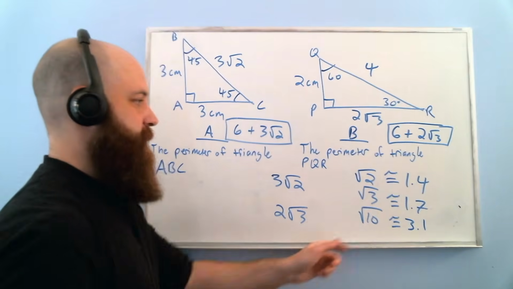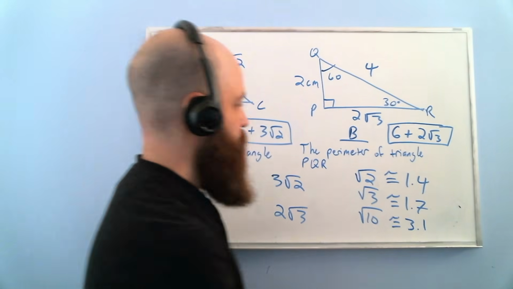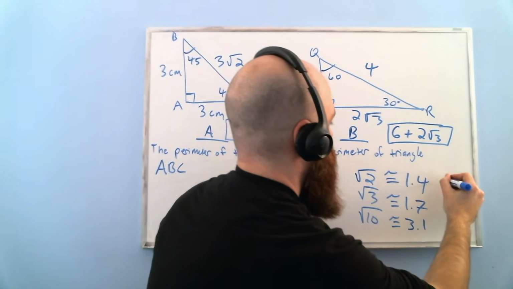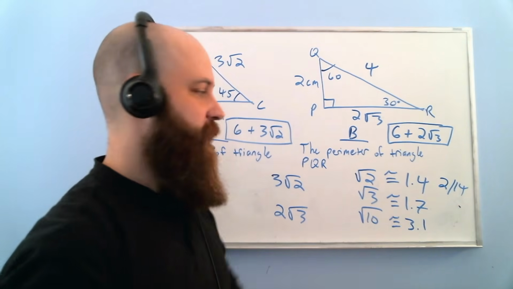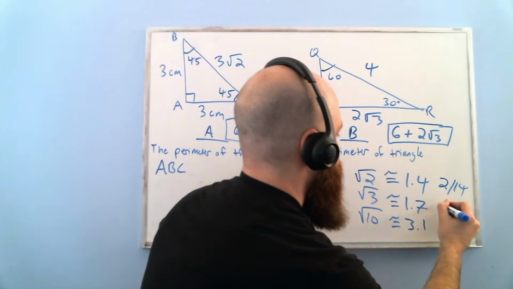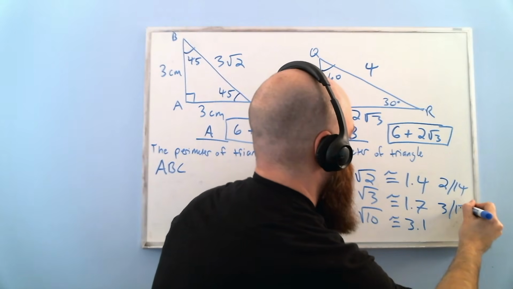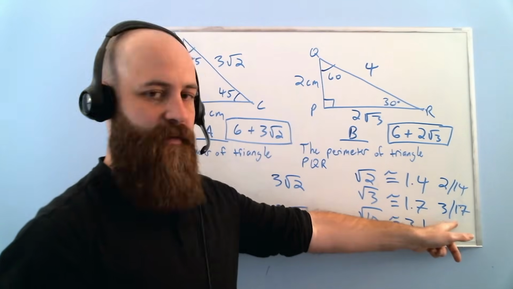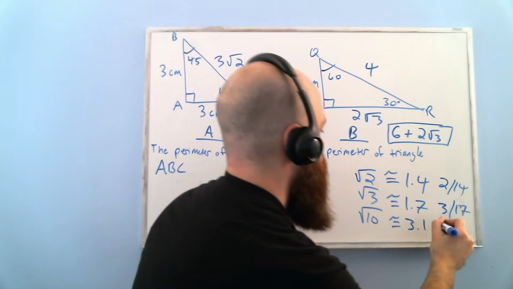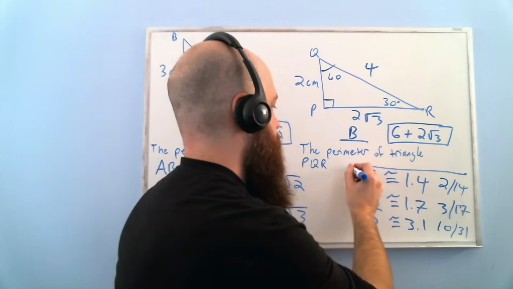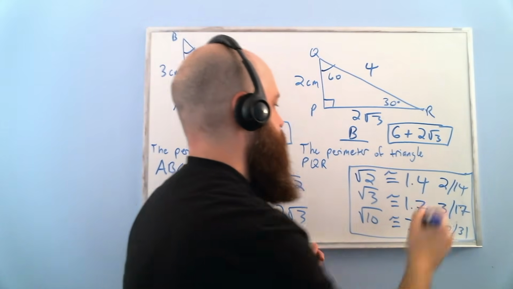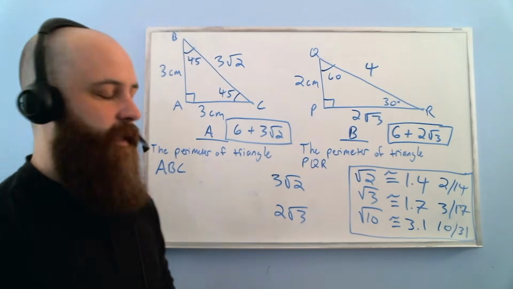Now, there's a mnemonic to help you remember these decimals. 2, 1.4, well, that's kind of like 214, which is Valentine's Day, February 14th. 3, 1.7, kind of like March 17th, or St. Patrick's Day. 10, 3.1, well, that's kind of like 10/31, Halloween. So having these at your fingertips can be nice if you ever want to do a decimal approximation.